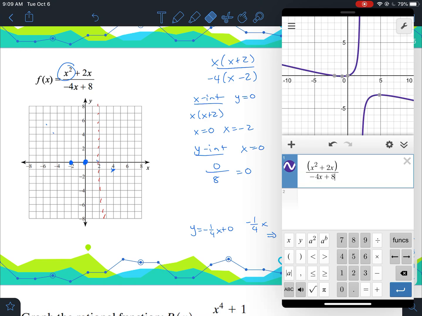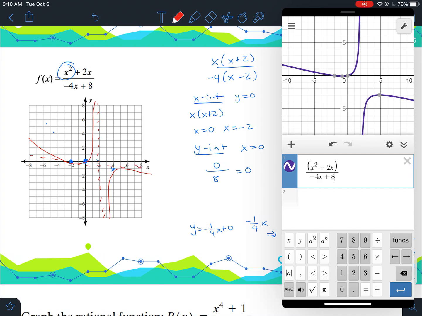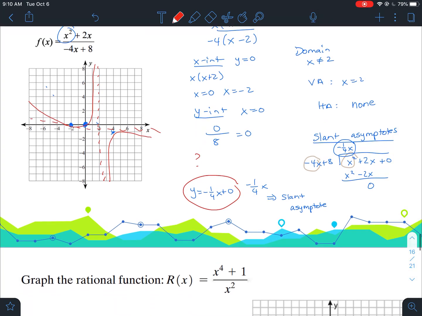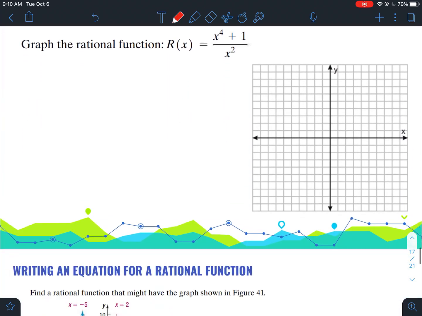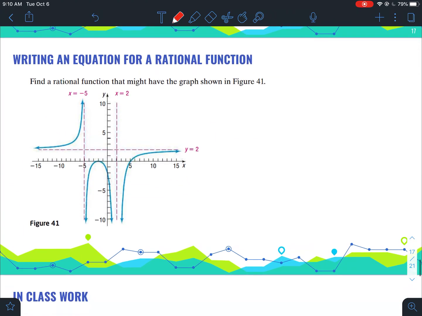Well, he just needs to be a little bit more exact, I guess. So he looks like this, and then he shoots up, and then he looks like this, and he shoots down. We just need him to be a little bit better. So we need to look at that horizontal asymptote again, or the slant asymptote.